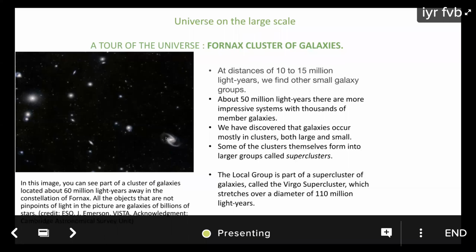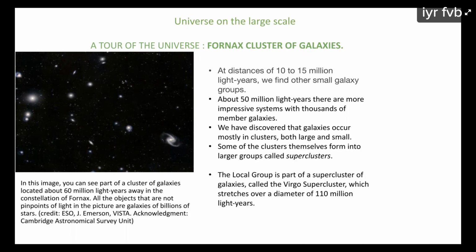And you can identify this one on the lower right-hand corner very clearly, because you can see the spiral arms, right? But all these other extended fuzzy objects are galaxies, right? So you can see a large number of galaxies here, which is just a part of this Fornax galaxy cluster.